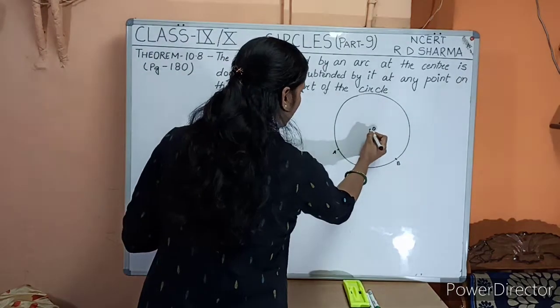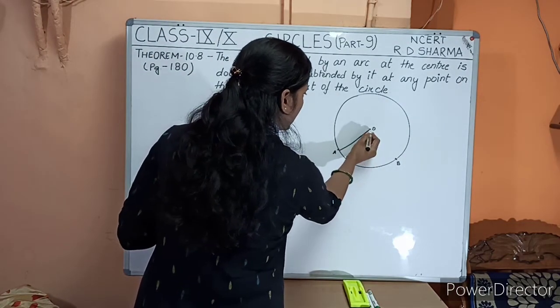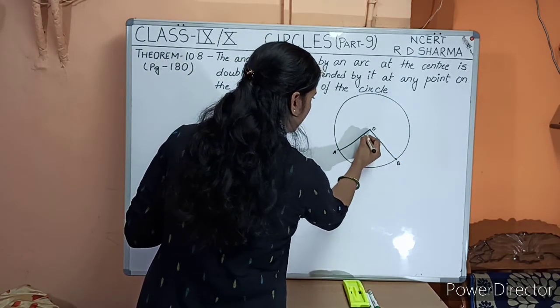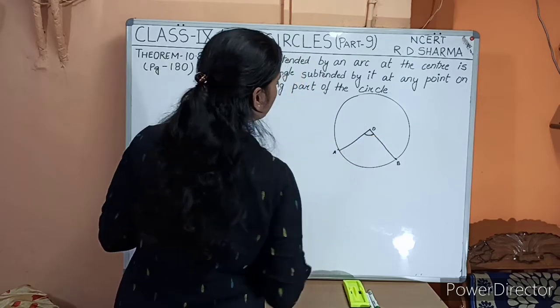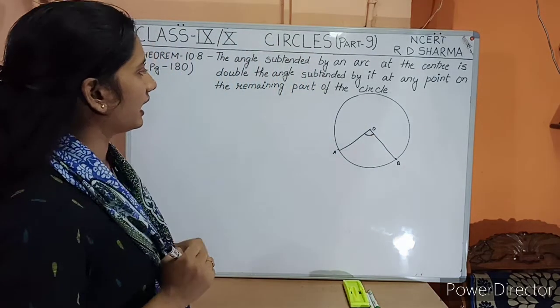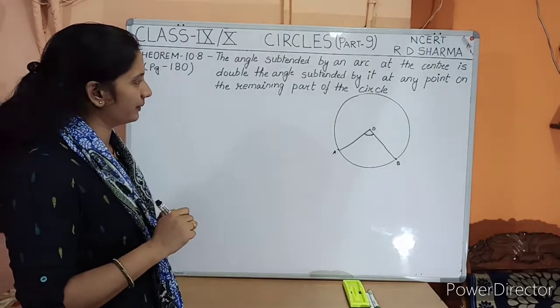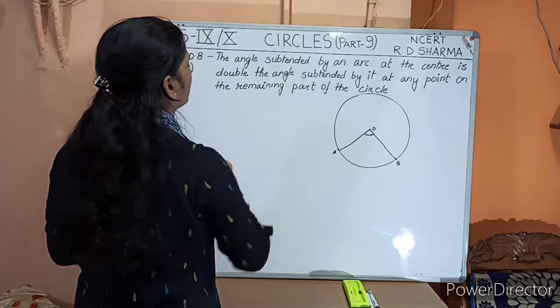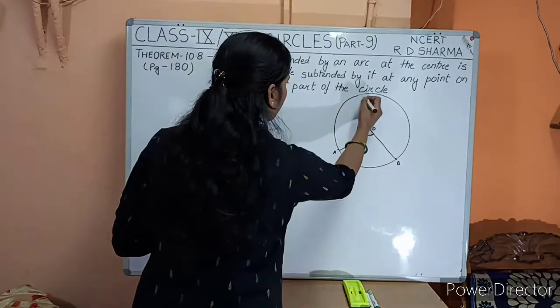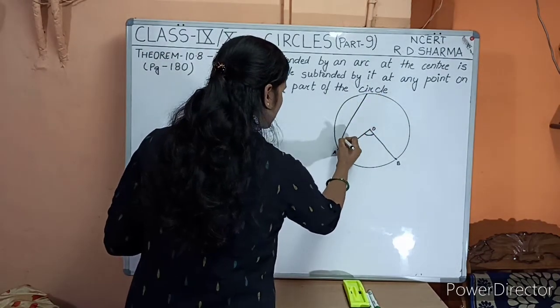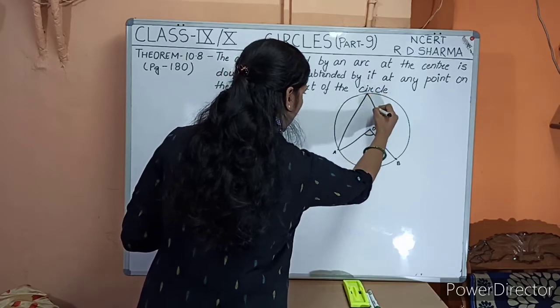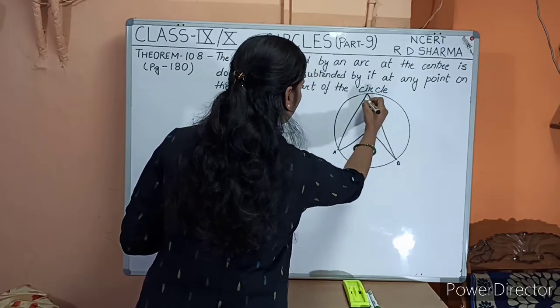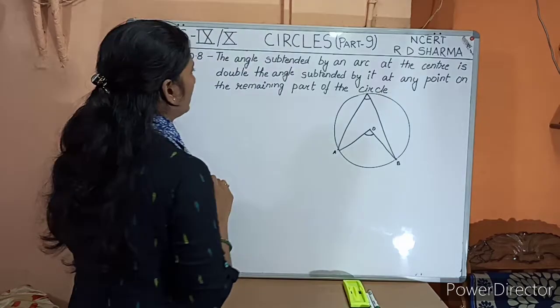angle is forming by its arc at the center, this is the angle which is forming at the center by any arc, then this must be double the angle which is subtended at any other point on the same arc.